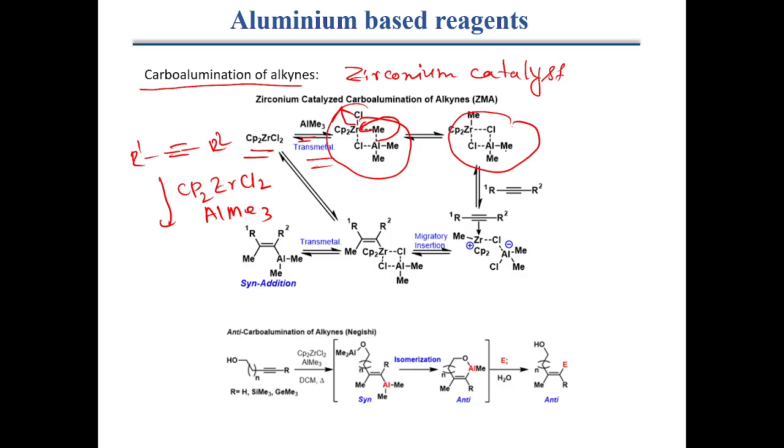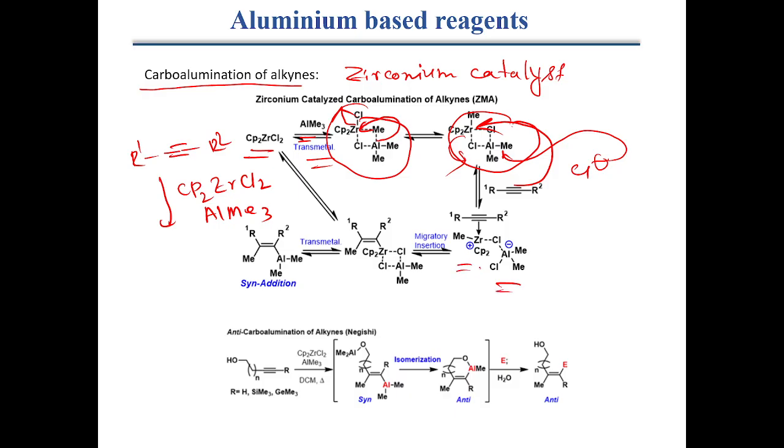Now, in the presence of any kind of electron-rich alkyne, this will first coordinate with the zirconium center and liberate one chloride ion. Now this liberated chloride ion attacks the aluminum center and forms this zwitterionic species.